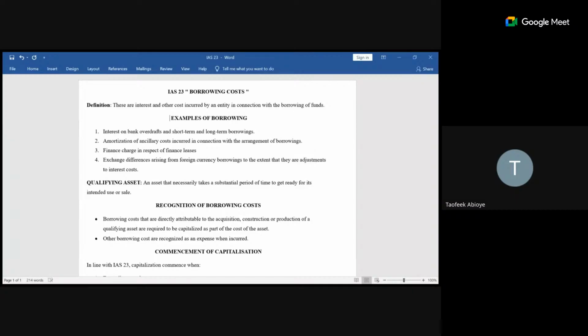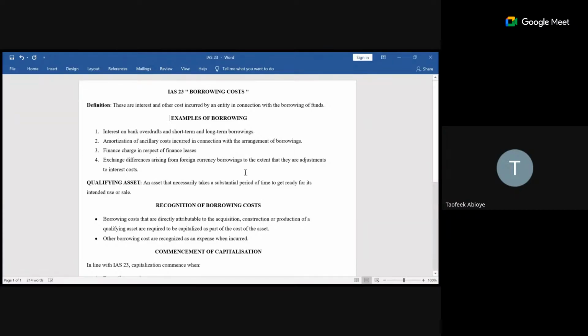They told us that as a result of economic uncertainty, the machine was not brought into use until July or June. That tells us it took more than 6 months, so we can say it is a qualifying asset.